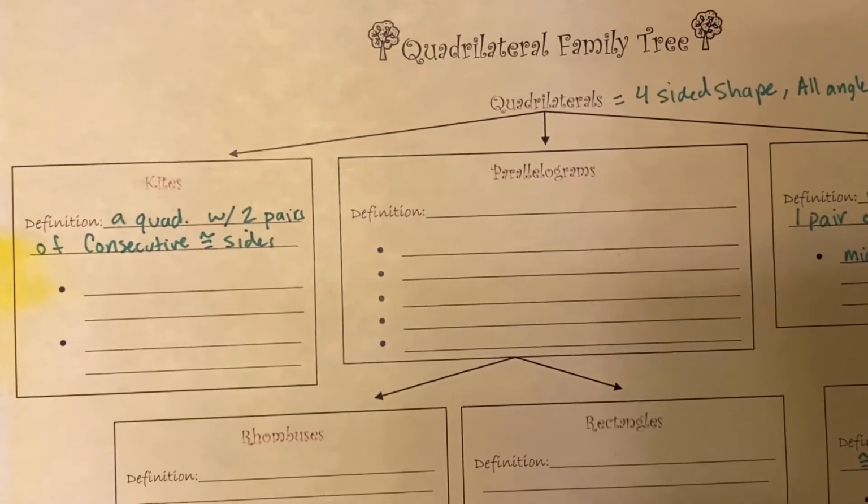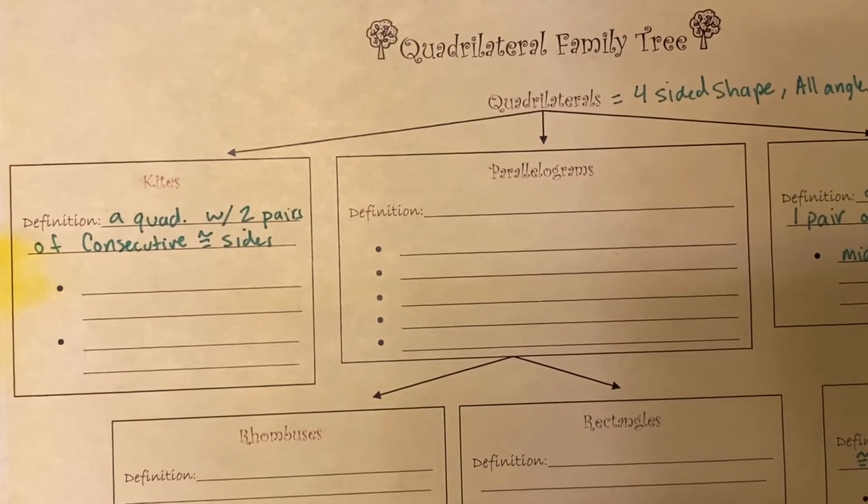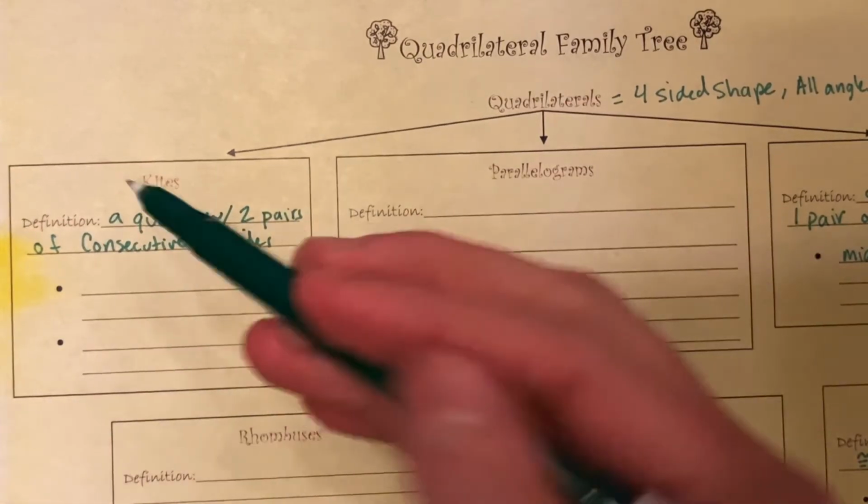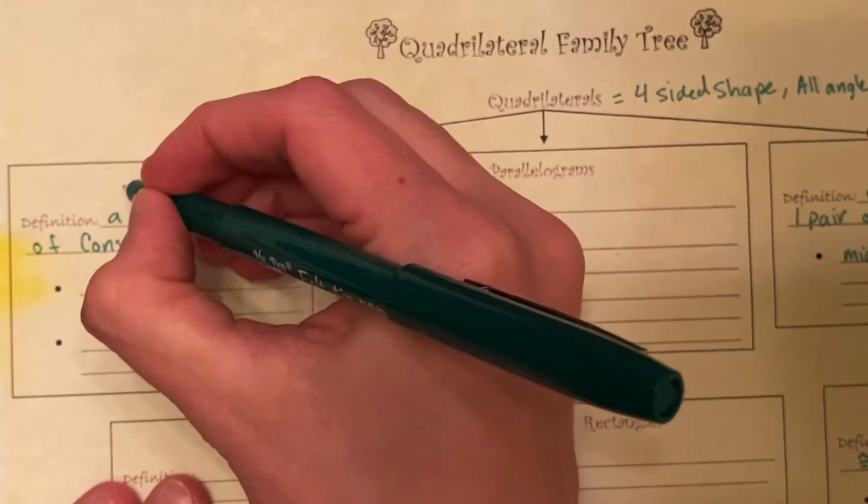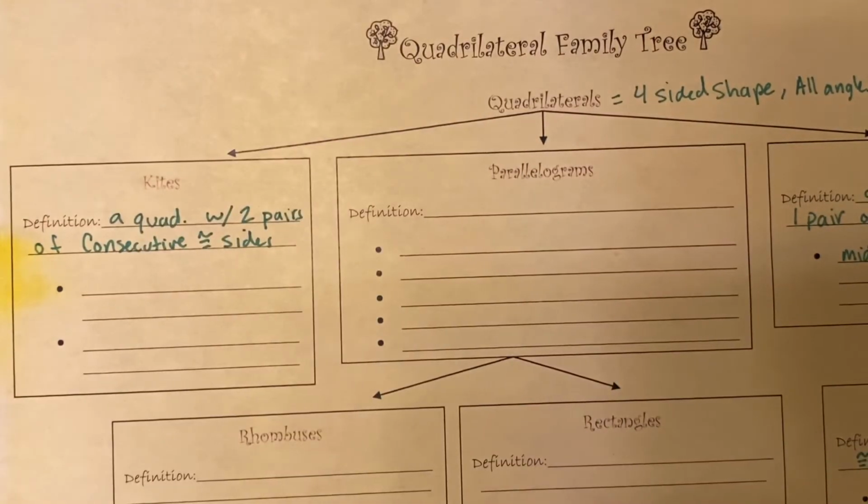Okay, let me move this over so you guys can see. What is consecutive? It just means when you follow the path of the shape, we work on one side, then you'll hit another side. So let's talk about what kites look like based off that.